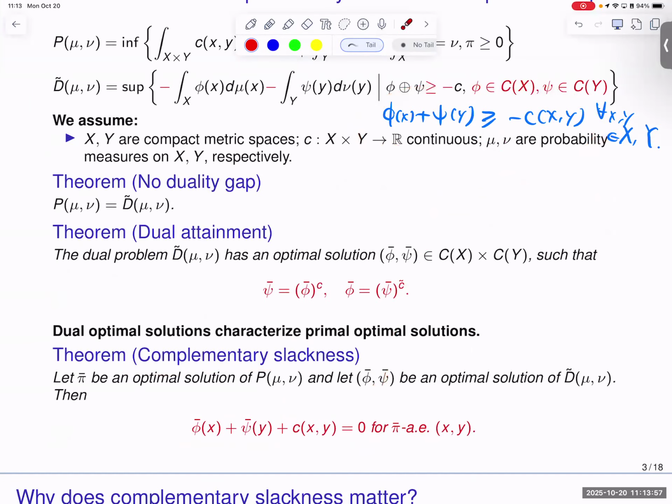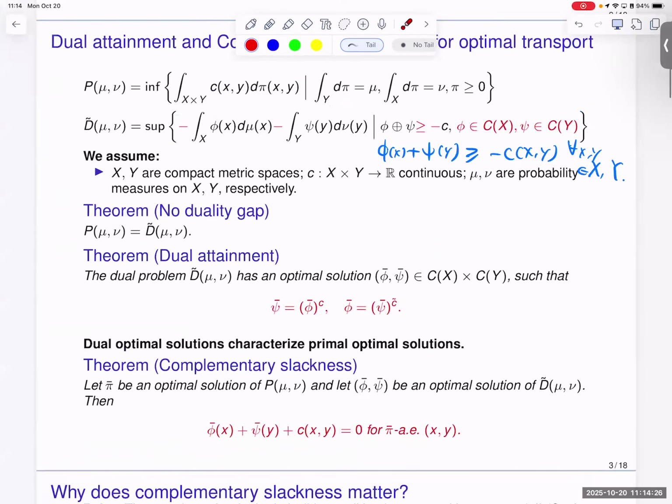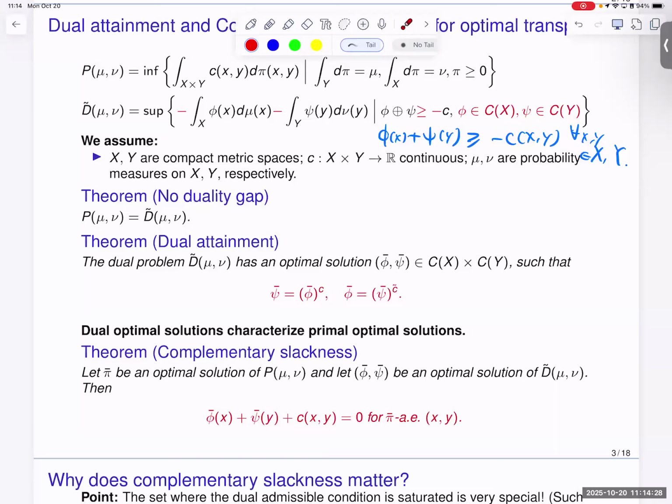The dual constraint is only this inequality, but complementary slackness says the optimal transport plan is supported only where this dual condition is saturated. That's this thing here, for the optimal dual solutions. Am I making sense here? I'm just reviewing previous lectures here.